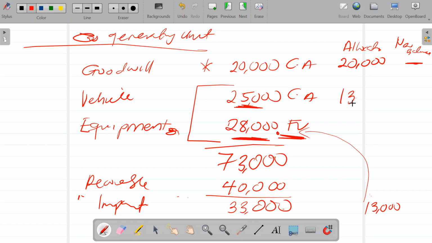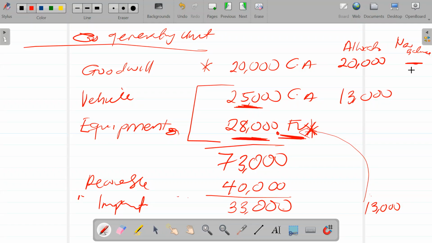Which is the 13,000. Do you get it? Because this one has a restriction: we should not allocate any impairment loss that will cause the new carrying amount to be below the fair value.